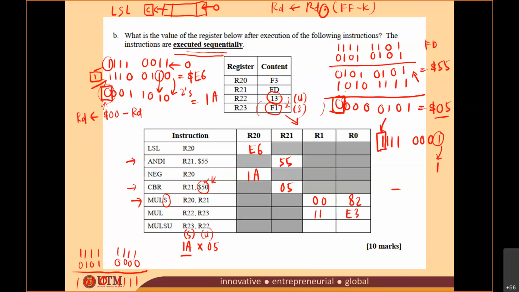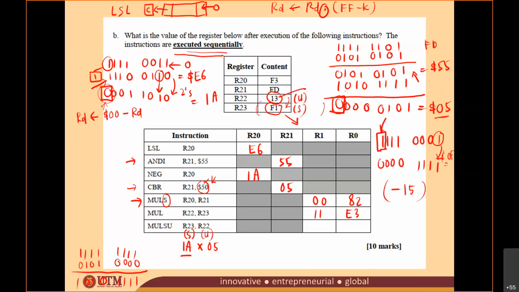What about the rest? You just invert. Okay, 1, 1, 1, 0, 0, 0, 0. So this becomes berapa kat sini? 0F. 0F, which is converted to decimal, you will get negative 15.